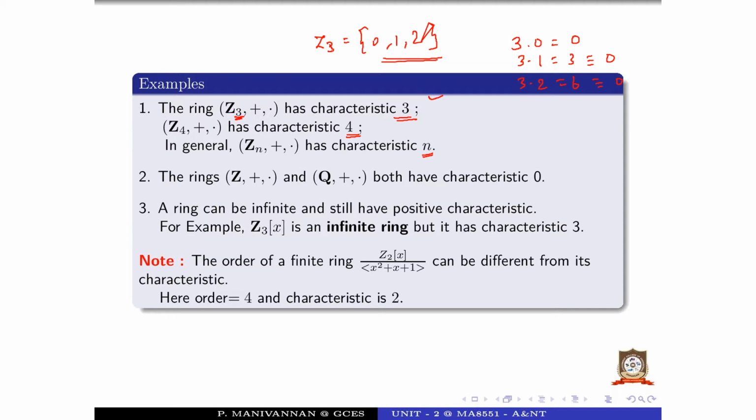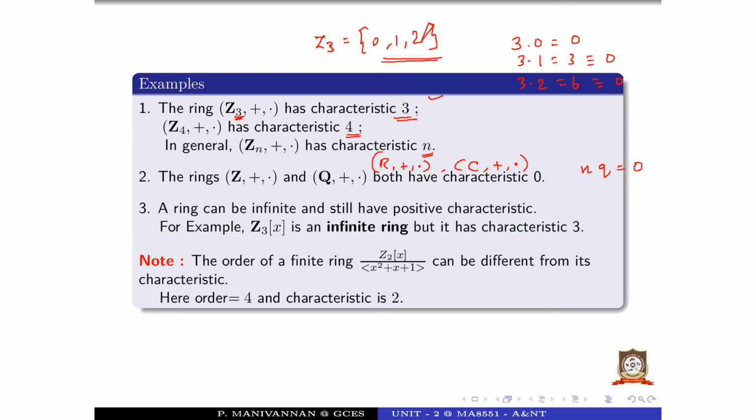Second example: the rings (Z, +, ·) and (Q, +, ·) both have characteristic 0. And also (R, +, ·) and the complex numbers (C, +, ·) have characteristic 0, since there is no such integer n such that n times some element is equal to 0.